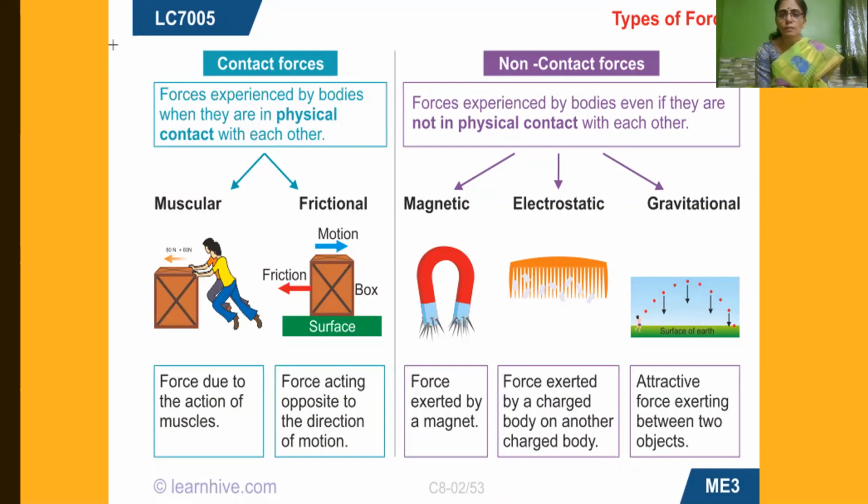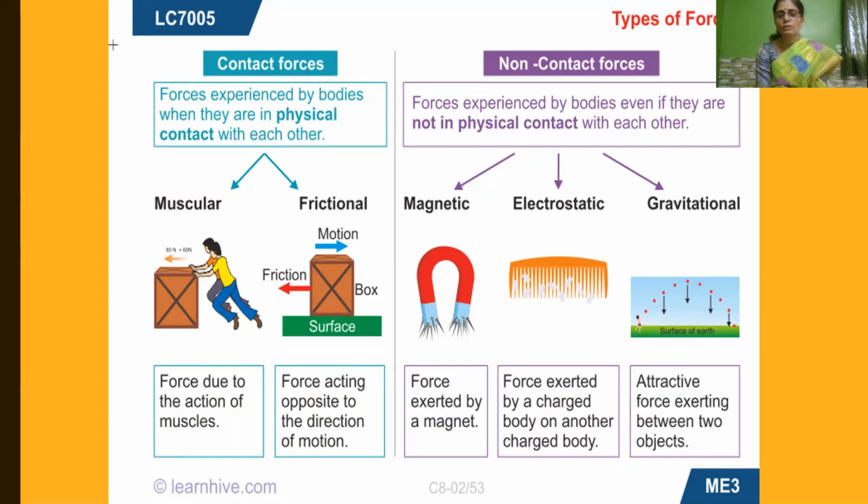Then coming to non-contact forces: forces experienced by bodies even if they are not in physical contact with each other. Examples of non-contact forces are magnetic force, electrostatic force, and gravitational force.